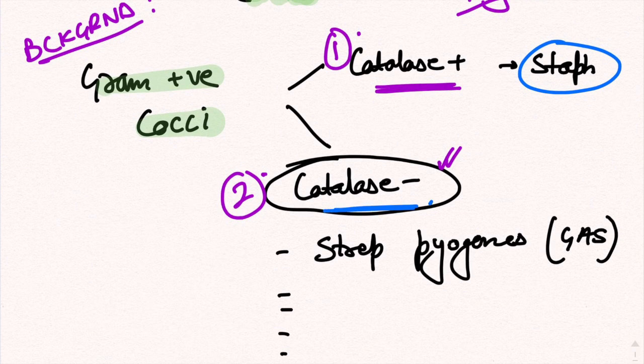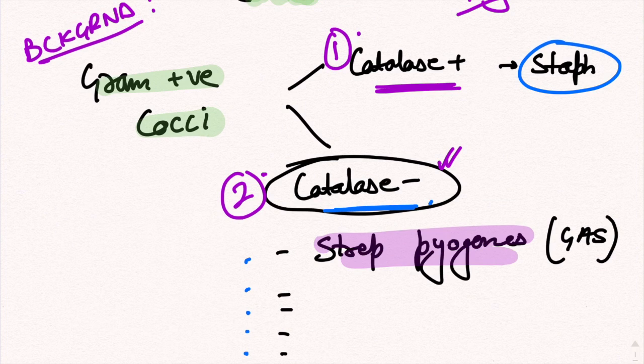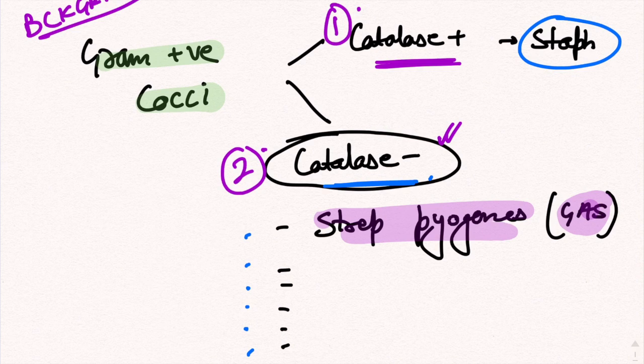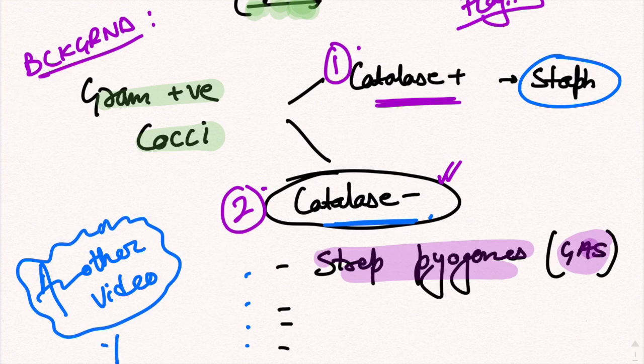But our main concern today is catalase negative, which constitutes a whole bunch of different kinds of strep. We are just dealing with Strep pyogenes, which is Group A strep. I'll have to make another video to go into the rest of the classification because it's very detailed. But for today, let's just stick to Strep pyogenes.